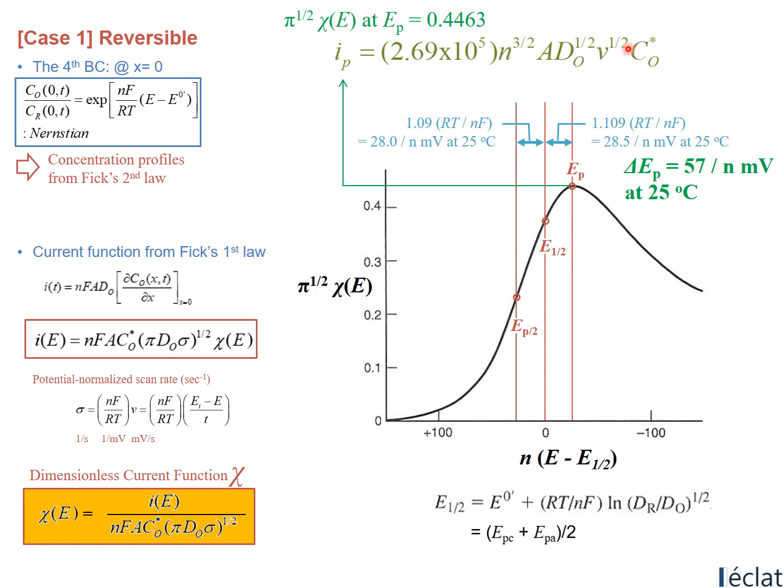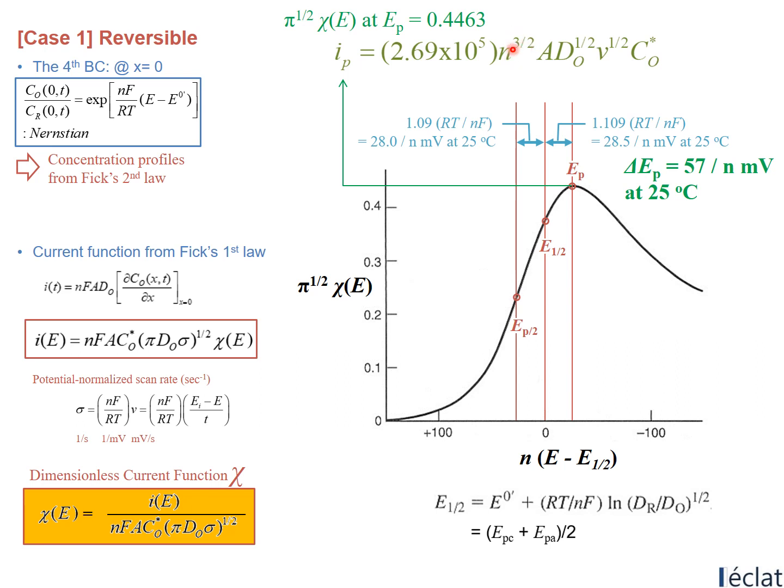And then diffusivity here, the root square of diffusivity, A, the electrode area here. And how about the number of electron transfer? Here is just n. And also sigma has an n here, so n times the root square of n from sigma is going to n to the 3 over 2.